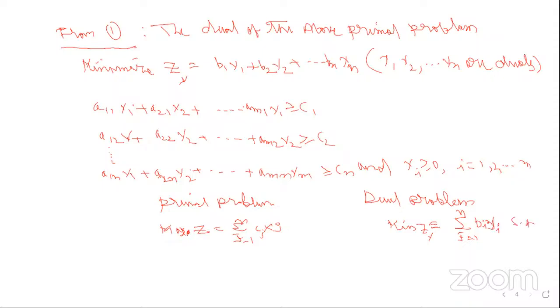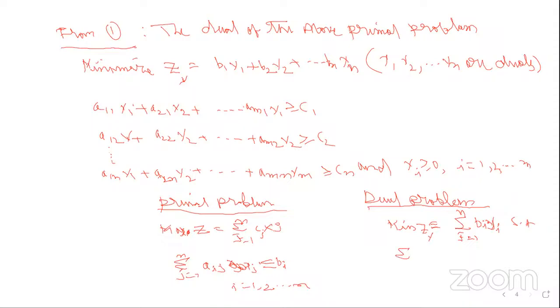Such that, in primal, sigma j equal to 1 to n aij xj is less than or equal to bi, where i equal to 1 to m.